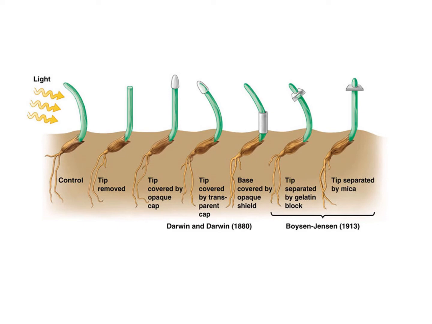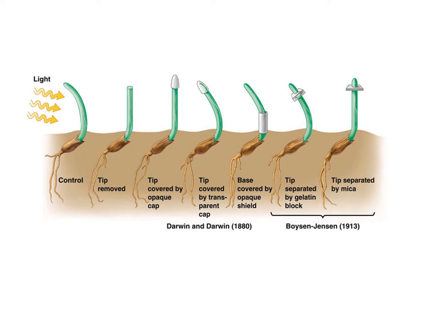Then in the early 1900s, two researchers showed that if you cut the tip off of an oat sprout, but then insert a little block of gelatin like agar, the plant will still experience that tropic response. The agar is very permeable.